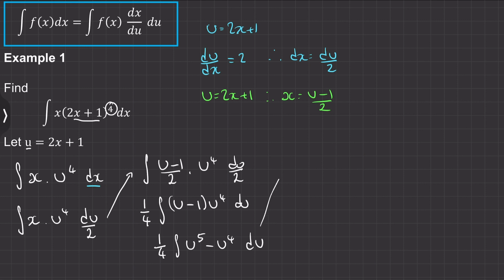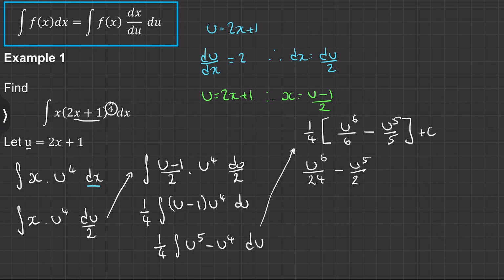So we can integrate this. We get 1 quarter. We'll add 1 to the power, so u to the 6, and we'll divide by the new power. And this becomes u to the 5 divided by 5, plus the constant term. We'll expand these brackets out, so we get u to the 6 over 24 minus u to the 5 over 20 plus the constant term.